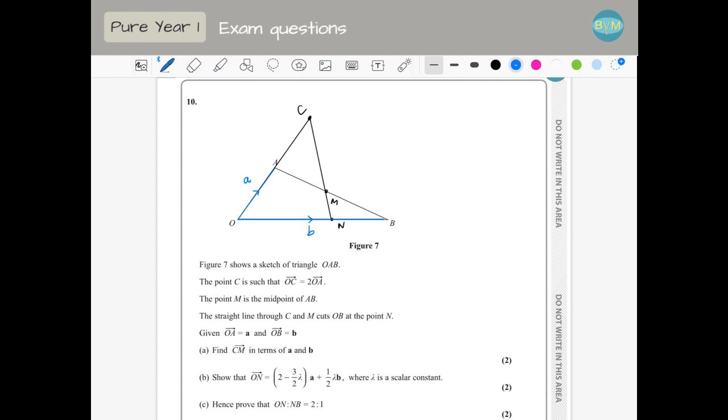Find CM in terms of a and b. CM is this one. So we can do CA plus AM.